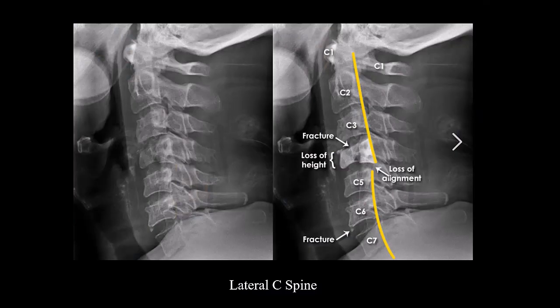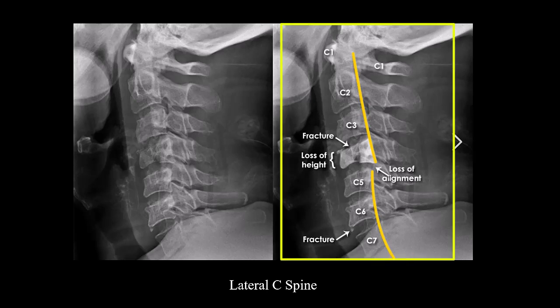Here we see a lateral C-spine. To the right, we have labeled the lateral C-spine to indicate which discs you're looking at, which include C1 through C7.